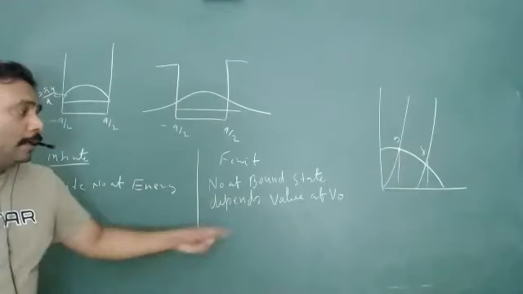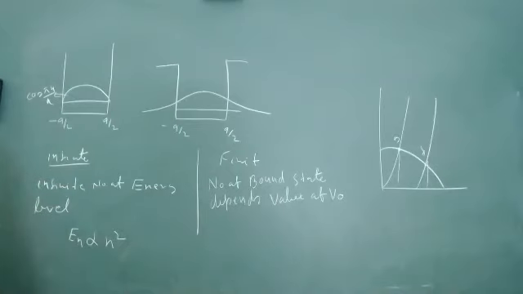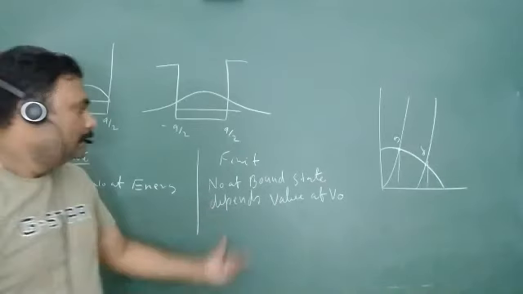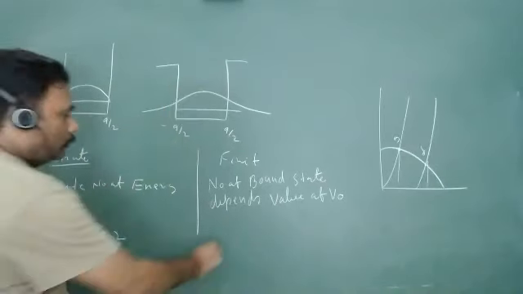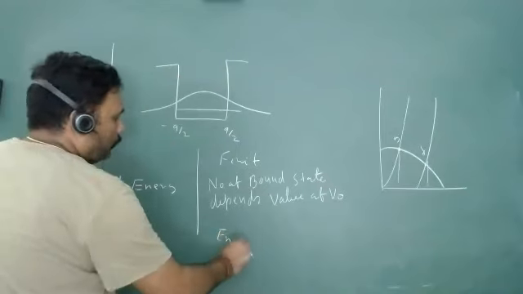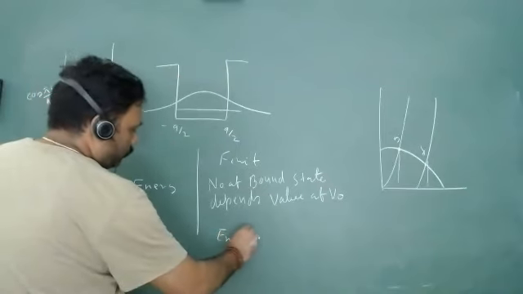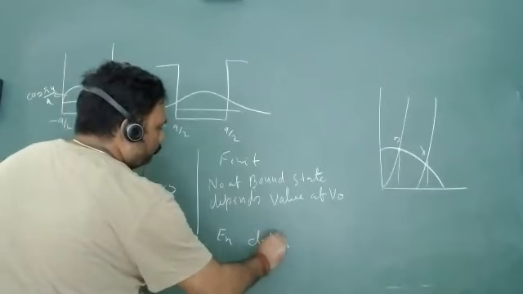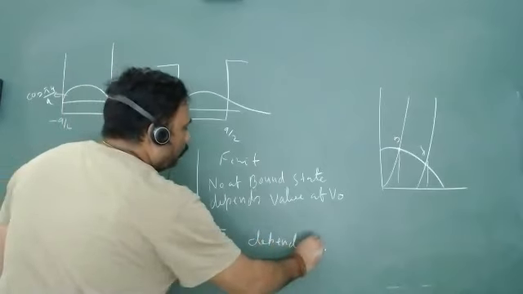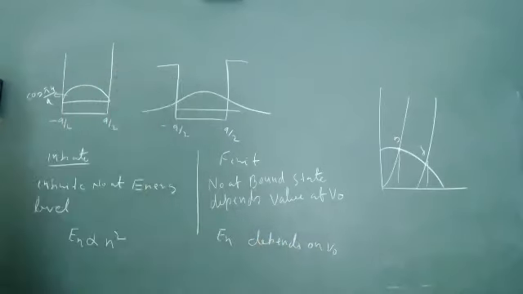But here you cannot have this kind of relation; En will depend on V naught. So this is the first difference, and this is the second difference.